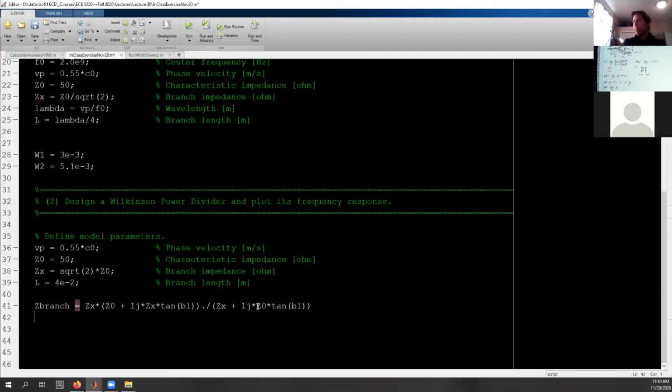There we go. So that's going to be the input impedance looking down a branch. But I don't know what this beta L is, so we have to calculate that real quick.